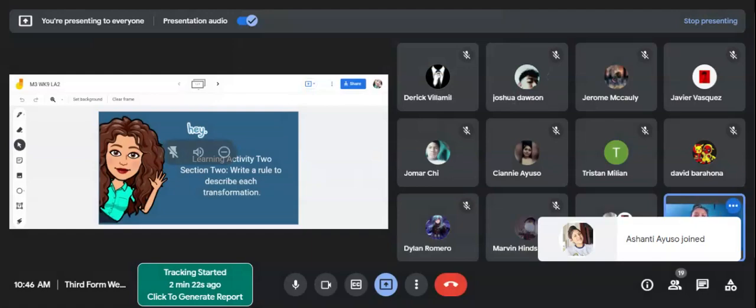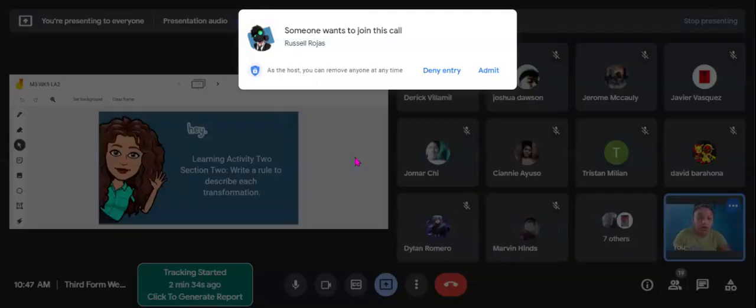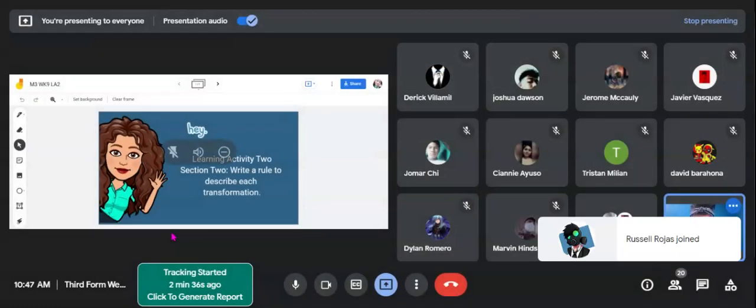Okay, so there you go, the Jamboard. Everybody's ready? Can I begin with the learning activity for the second part of that one?